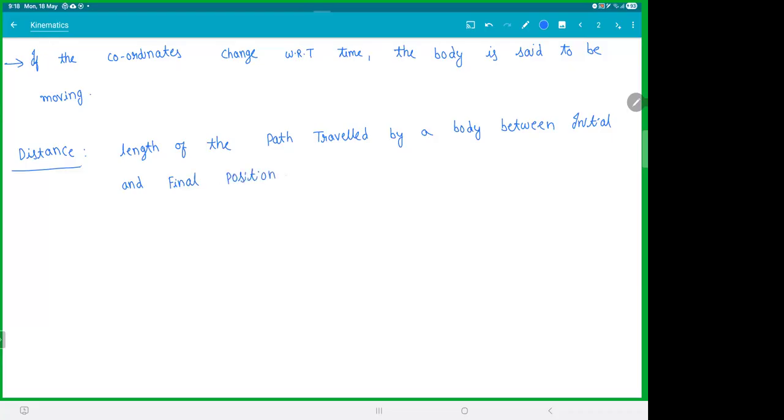So if you're going from A to B, since you can go from A to B in infinite ways, there are infinite paths. So if someone asks you what is the distance traveled, the first question is, what is your path? If you don't tell me how you traveled, I can't tell you how much is the distance. So this is path one, let's say this is path two, and this is path three, and so on. I can create a number of paths. There are infinite distances between 2 points.